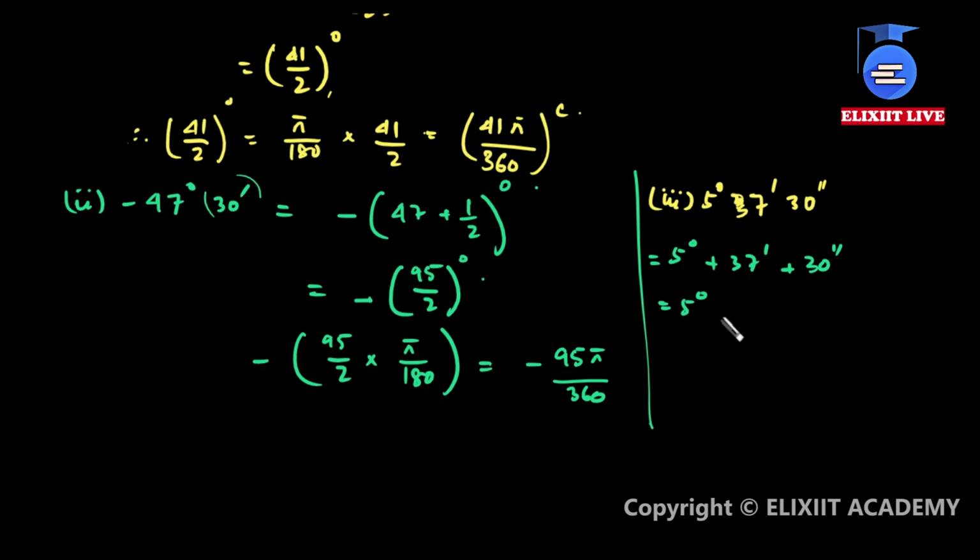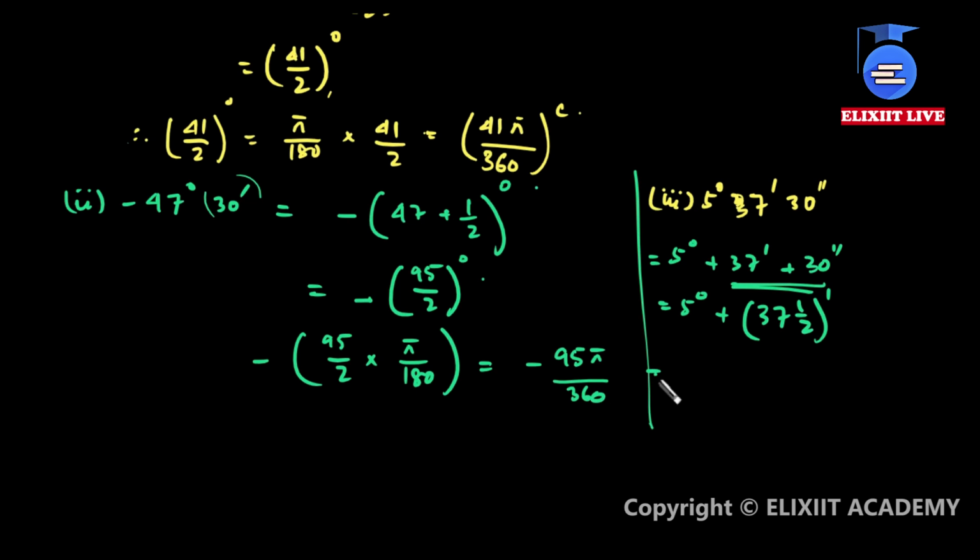First of all, convert everything in terms of degree measure. 37 minutes plus 30 seconds, I can write this as 37 whole number 1 by 2 minutes, since 30 seconds is half a minute. So this will be 37 whole number 1 by 2 minutes.